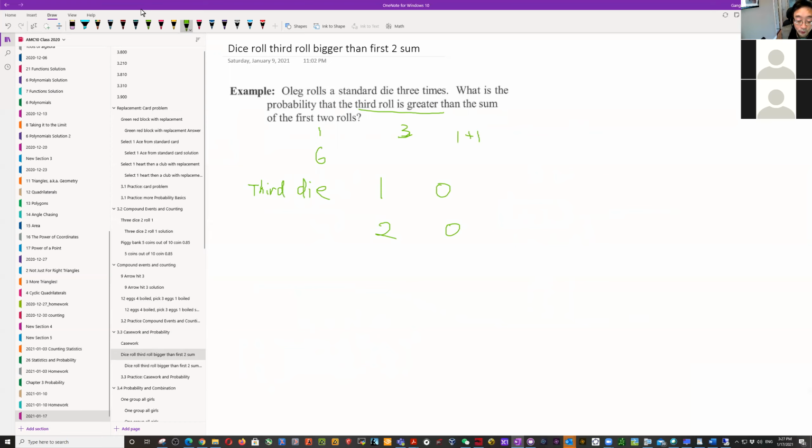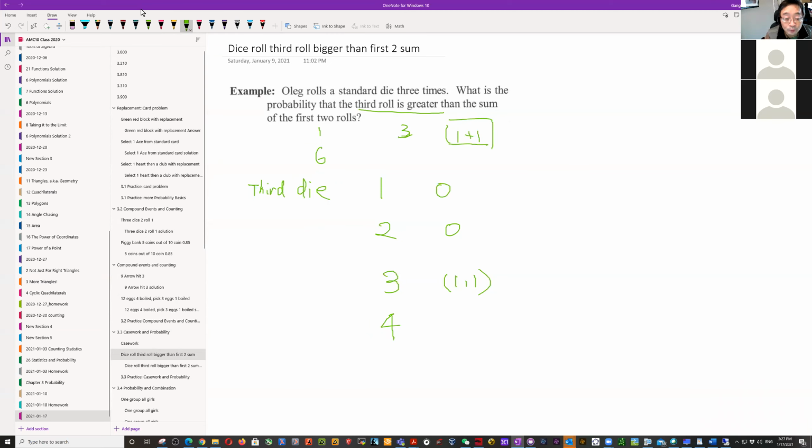So 2 is also 0. Let's start from 3. And if we do the 3, then 1 and 1 is one of the possible ways. So 1 and 1 as the first two rolls. And if we do 3, 4, the last one is, so basically first we also try to see the sample space. The sample space concept is really important.